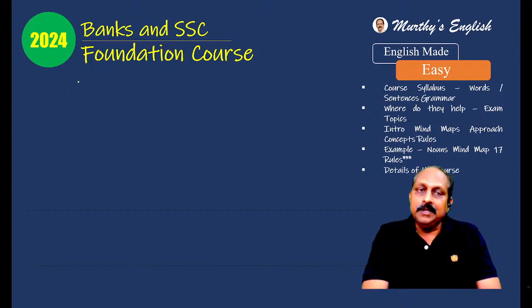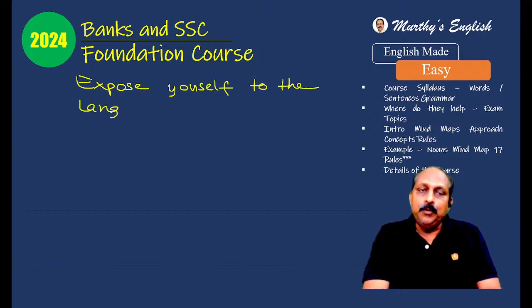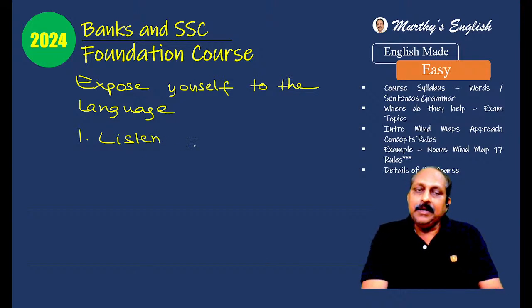Then comes a question, how do we get contextual awareness? You have to expose yourself to the language. How do we expose ourselves to the language? There are two ways. One, by listening. But in our country, it is ruled out. What is the reason?